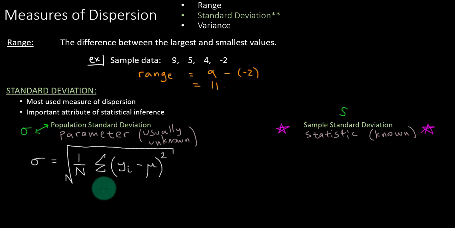I would like to annotate this formula here so that all the letters and symbols are defined. Capital N, that's a capital N, that would be the population size. Mu, that's that Greek letter, that's the population mean. And we saw yi was data.